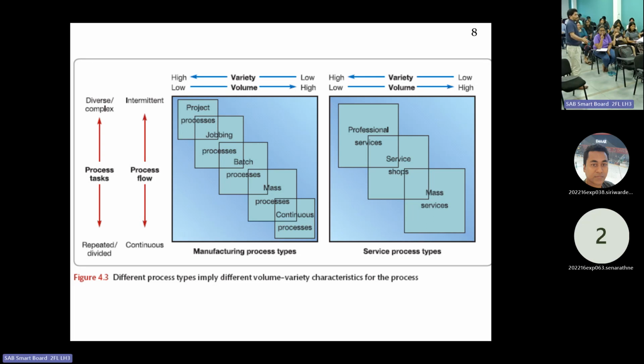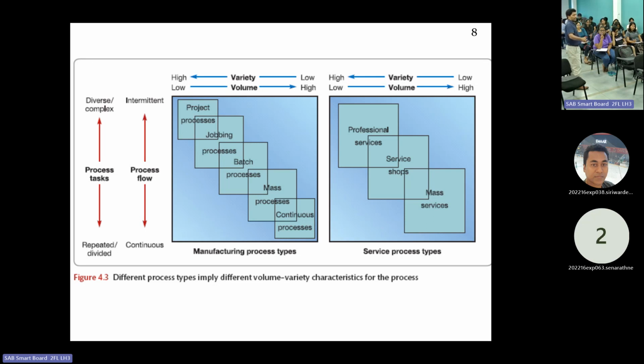So in terms of process flow, towards this side, we call them intermittent processes. Processes are not so tightly connected to each other. They are discrete. You will understand: discrete, divided processes are there, intermittent.